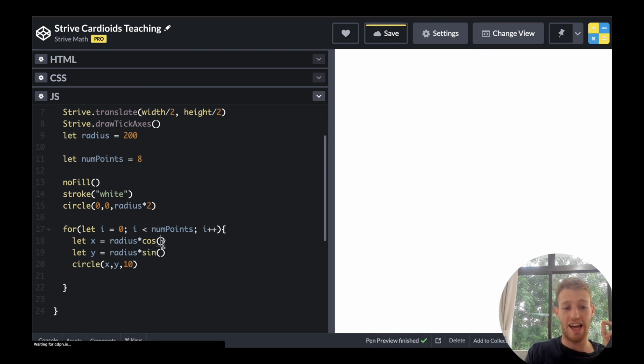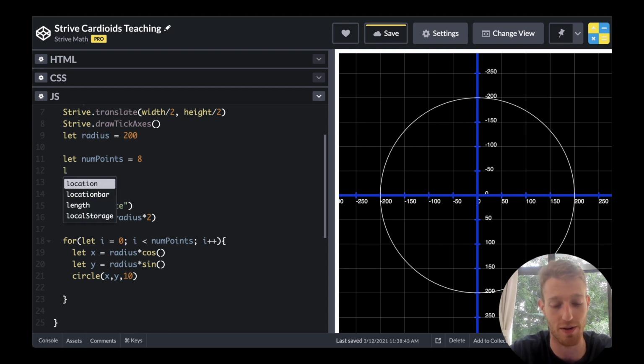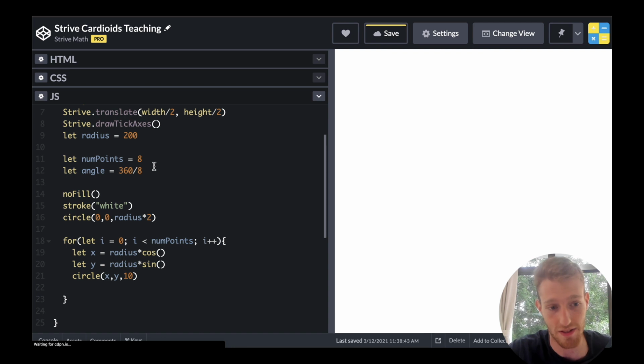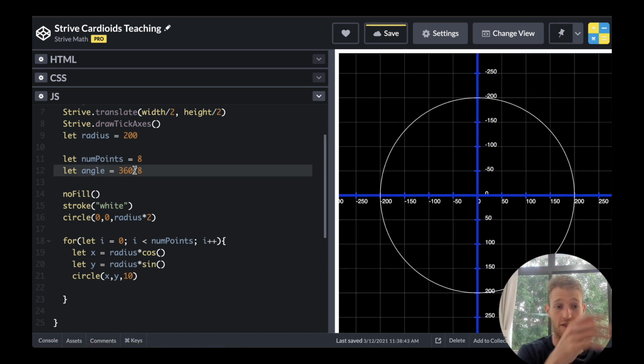The way in which we find the angle, we know that the first point, the angle will be 0. So we're technically taking the 0th index times, let's do angle per point or something like that. So let's say angle is equal to 360 over 8. That means for every point, we're going to move 45 degrees, or 360 over 8, because we're going to change our number of points. So the first point is 0, the next one is 45, then 90.